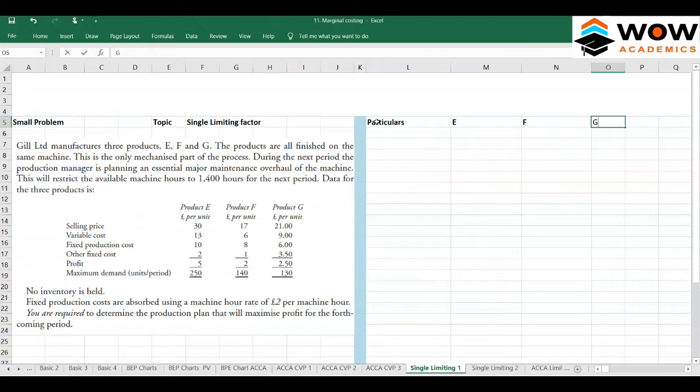there are three products here, and we have selling price and variable cost. We have to find out the contribution, because in marginal costing contribution is the most important number.